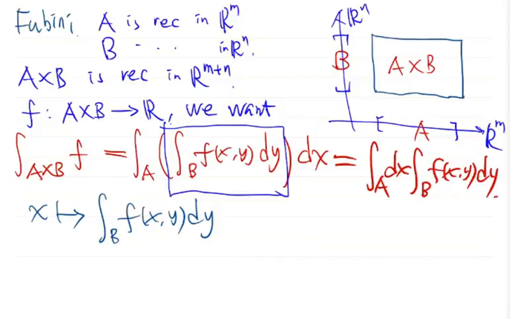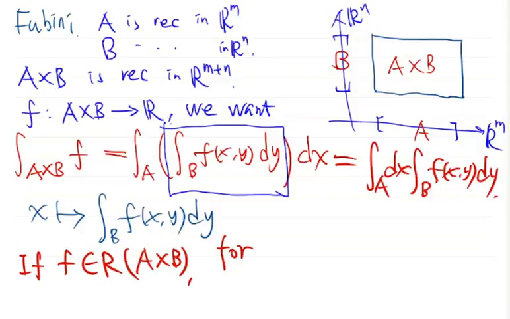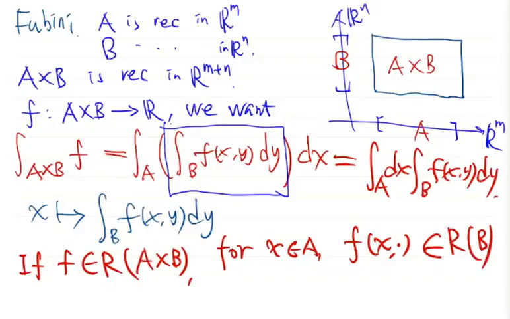But there is a question: if f is integrable over the Cartesian product, for x in A, the function we defined as a function of y might not be integrable over B. Can this be true?